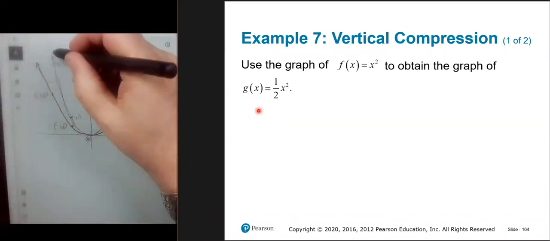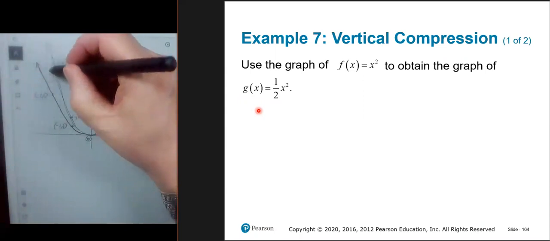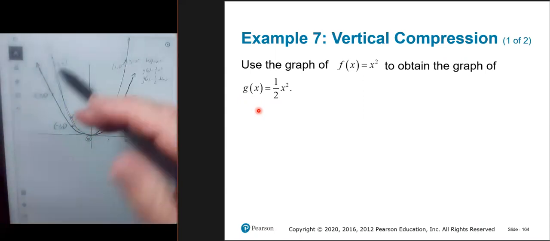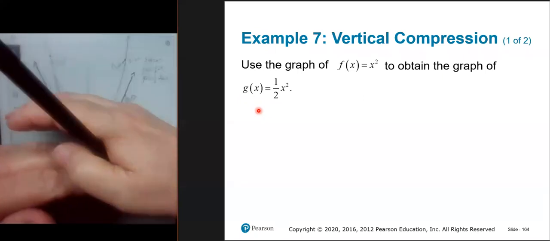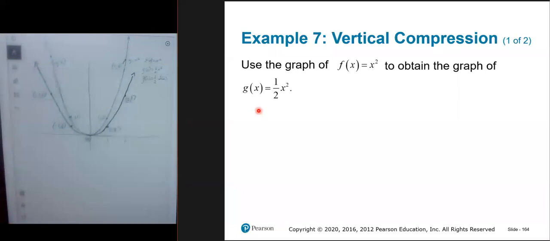So all of these y values got cut in half. So a vertical compression, like a vertical stretch, is multiplying the y values by a number. And now we're compressing it towards the x-axis, where with a stretch, we were pulling it away from the x-axis.